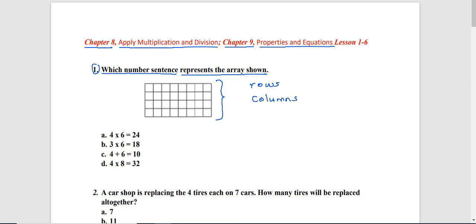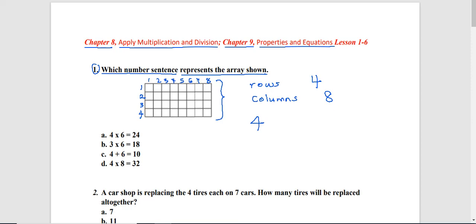For the rows, we can see row 1, row 2, row 3, and row 4. This shows that there are 4 rows. And for the columns, 1, 2, 3, 4, 5, 6, 7, and 8.